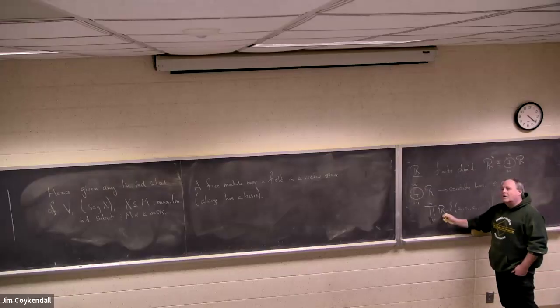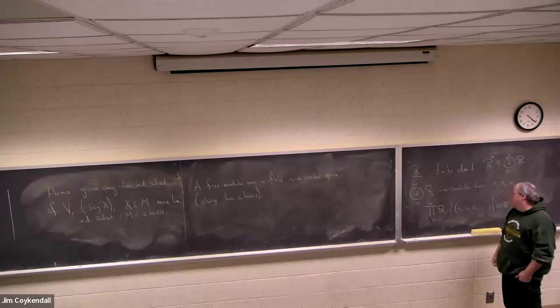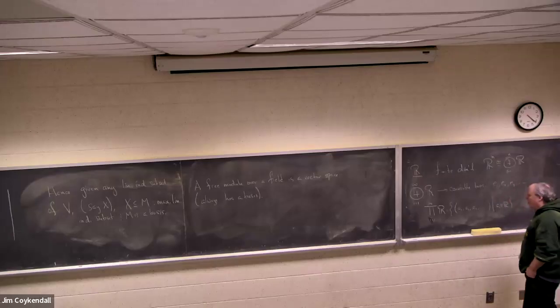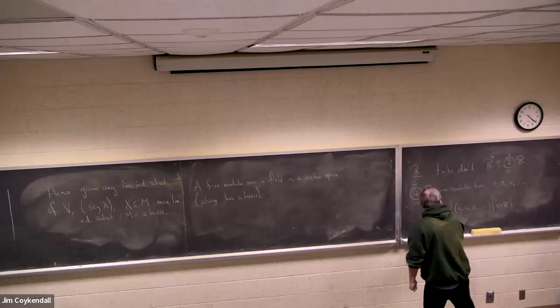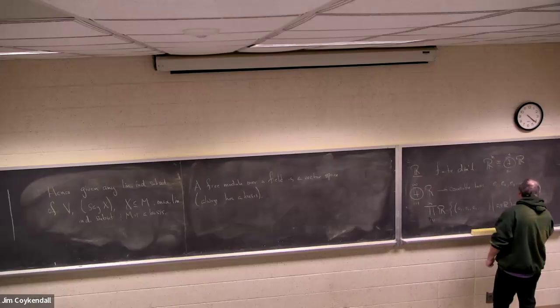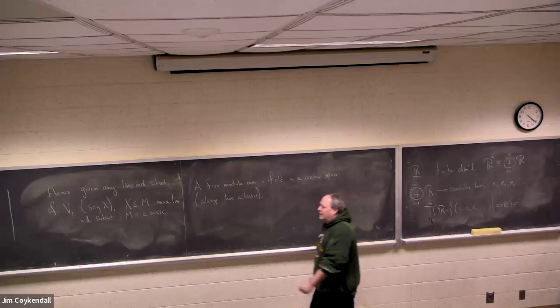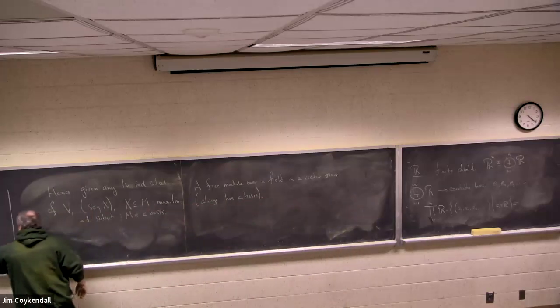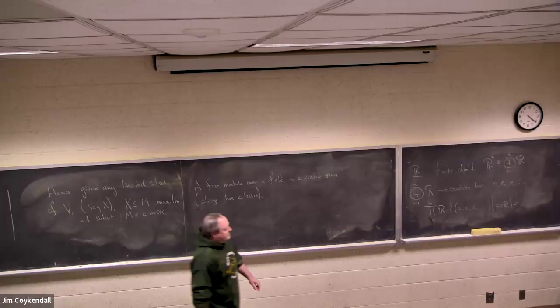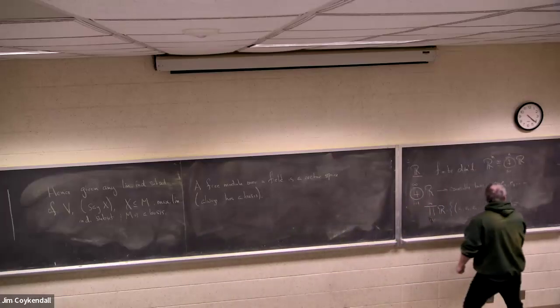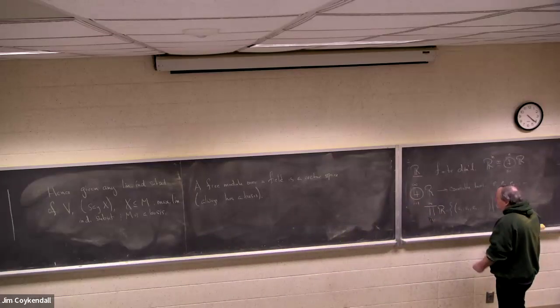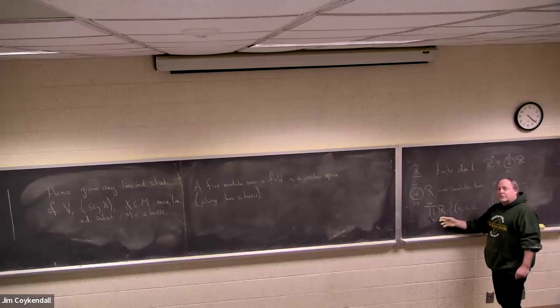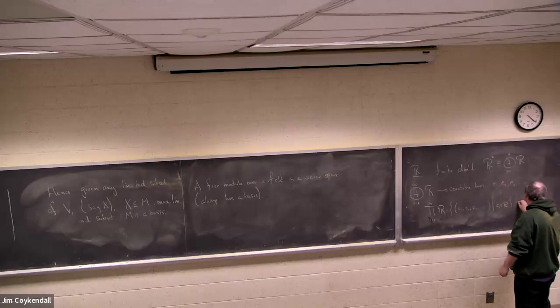Here's another thing. This is obviously an R module where R is the real numbers. So this is isomorphic to a direct sum, because again, this structure right here is a module over the reals, which is a field. So it's a vector space, so it's free.